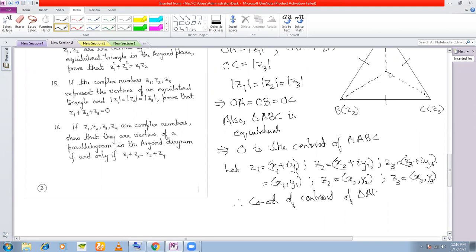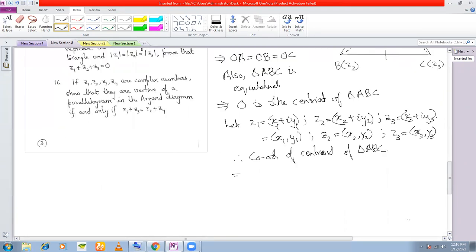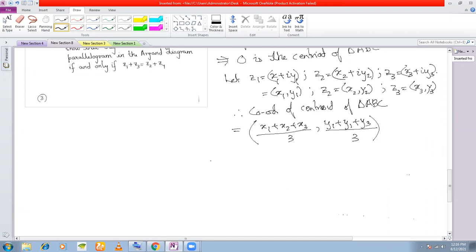Yes, what is the coordinate of the centroid? X1 plus X2 plus X3 divided by 3, comma, Y1 plus Y2 plus Y3 divided by 3, right? So here, X1 plus X2 plus X3 divided by 3, comma, Y1 plus Y2 plus Y3 divided by 3 is the origin.